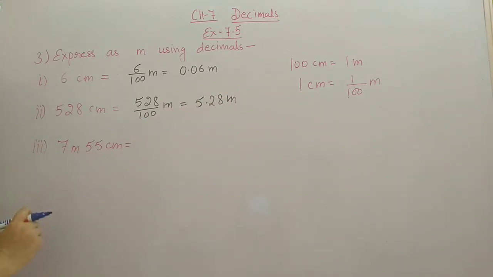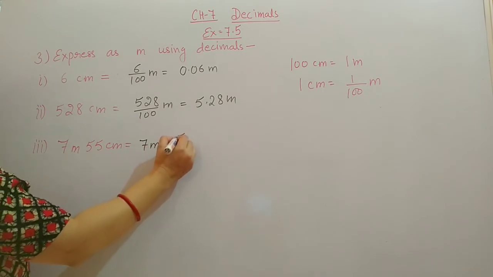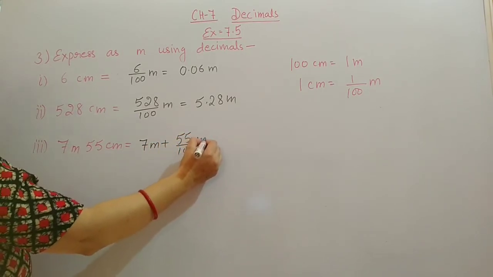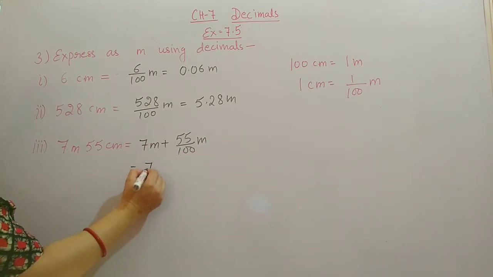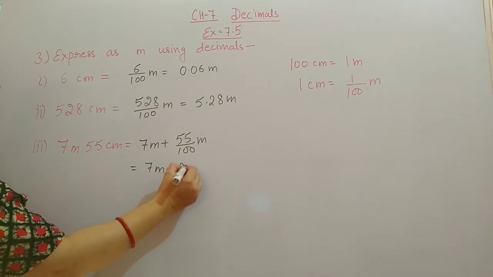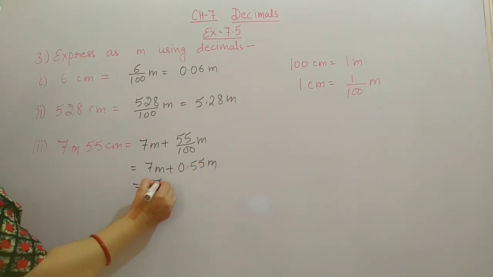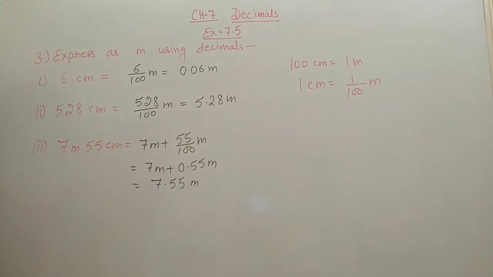Next, 7 meter 55 centimeter. 7 meter we will keep as it is, and 55 centimeter we will change into meter after dividing by 100. So it will become 7 meter plus 0.55 meter, and together we can write it as 7.55 meter.